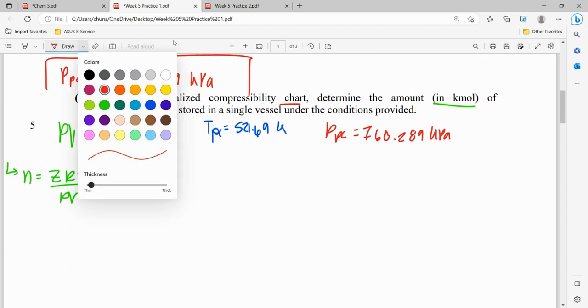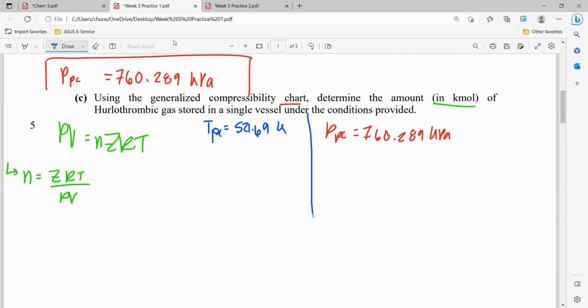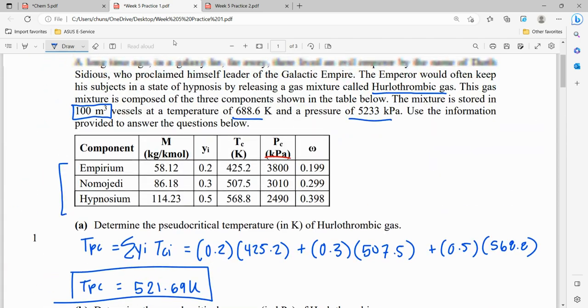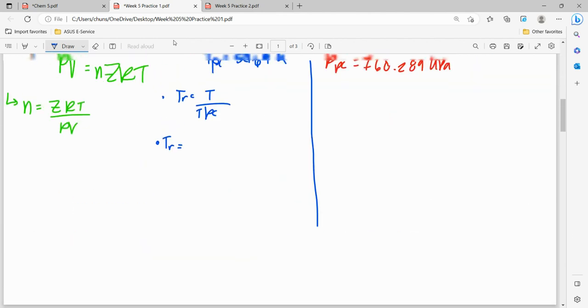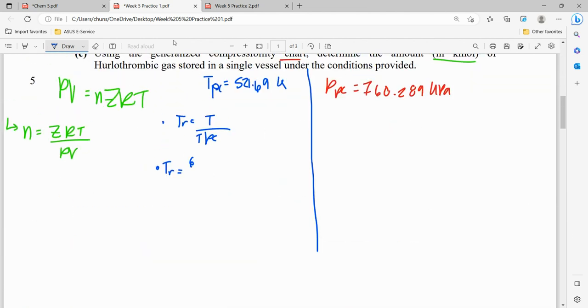So in our problem, this is T over T PC, and this is equal to 688.6 over 521.69.